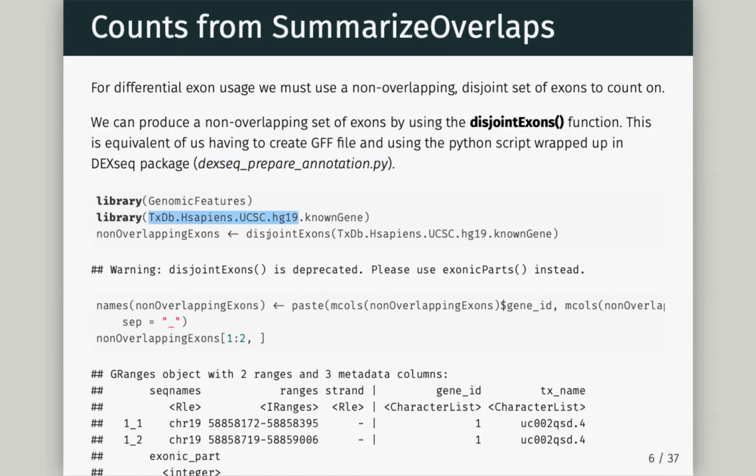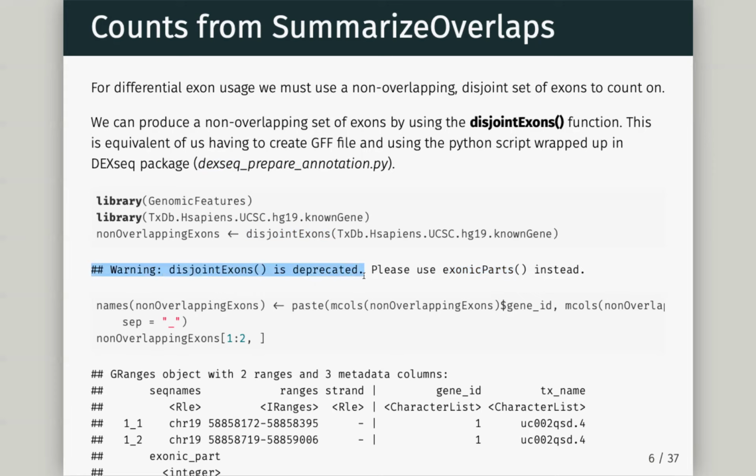We've got this wonderful function available to us, disjointExons. I think I said this last time. This is a new function, and they've decided to change its name. I'm teaching it this year, and next year I will have to change the name of the function. We'll probably start using this function, exonicParts. If you ever see this warning that it is deprecated, you're okay for now.